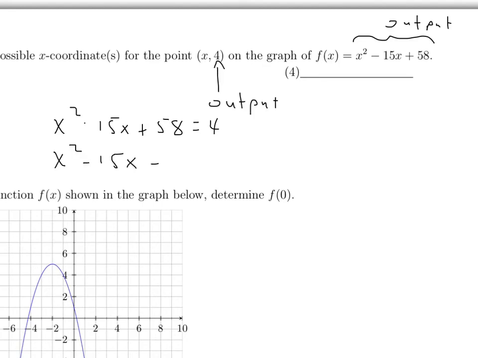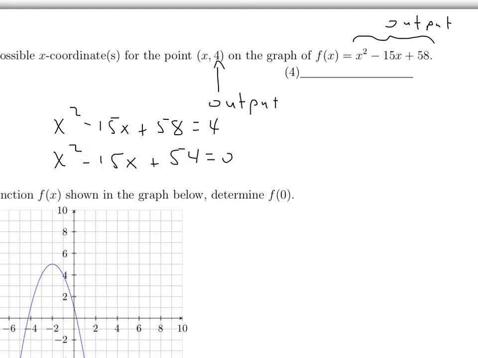So I can subtract 4 from both sides. This is an easy problem to factor. It's got a 1 in front of the x squared, so I need 2 numbers whose product is this, and whose sum is that. But there aren't that many ways to get a product of positive 54.